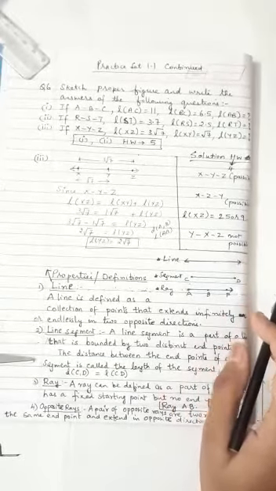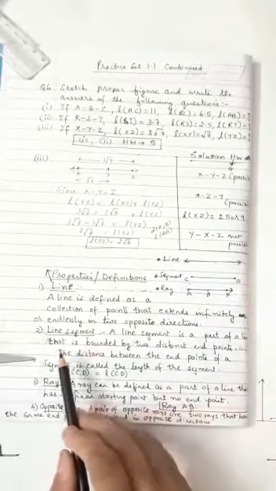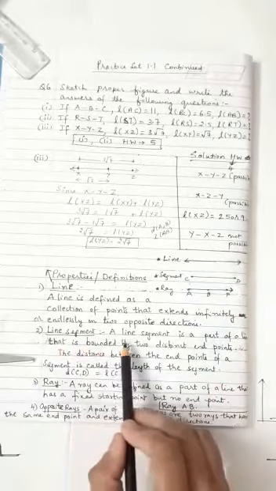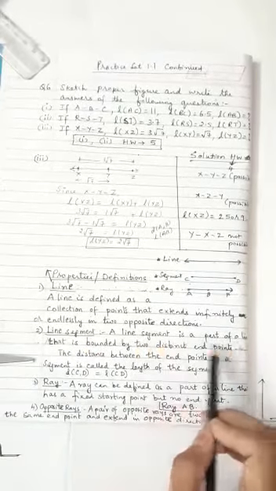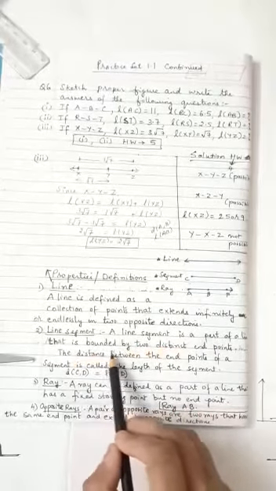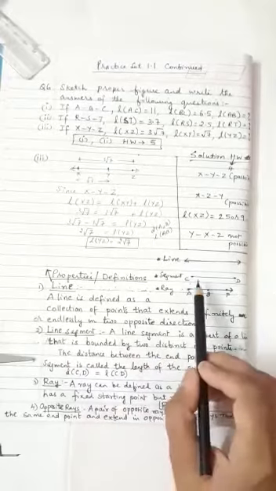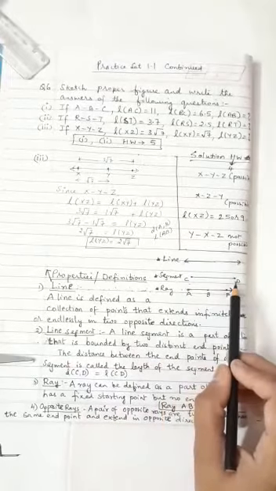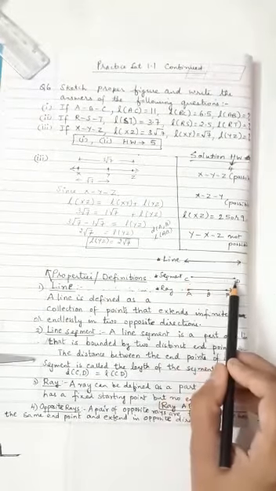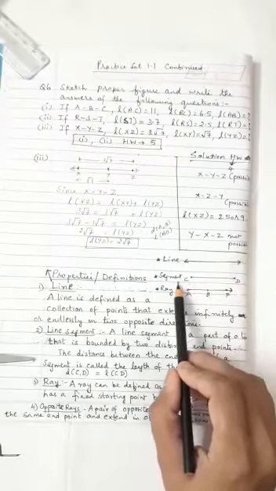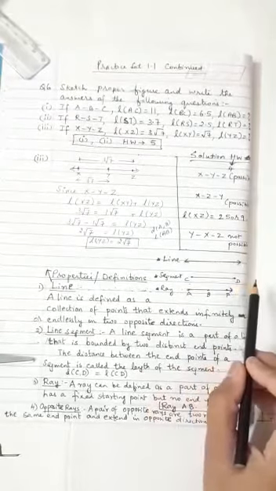Is it clear? Okay. Now moving to the next one, line segment. A line segment is a part of a line that is bounded by two distinct end points. So a segment consists of two distinct end points. So C is along one side and D is along the other side.